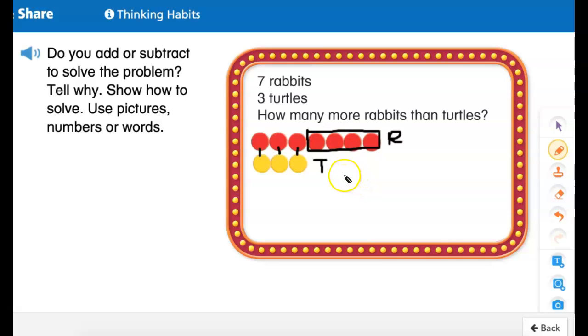So if we're using subtraction, I had 7 rabbits. 3 were turtles. 7 minus 3 gave me 4. So this is just our subtraction equation, written out from how we did it up here.